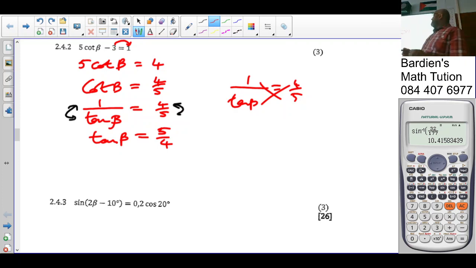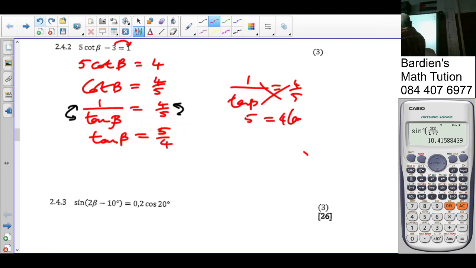As well as when you apply what I just did now, you can only do it when there's one fraction on either side of the equal sign. So that's going to be your 5 equals 4 tan beta. Divided by 4 both sides, so tan beta is 5 over 4.